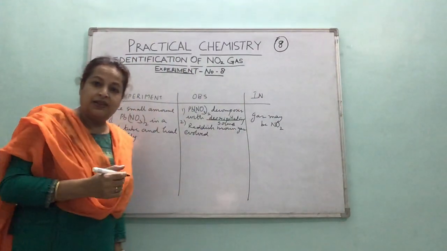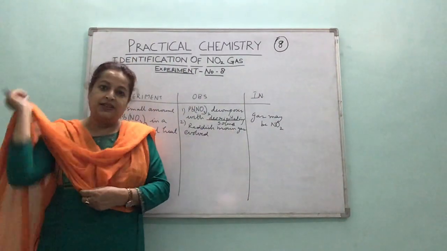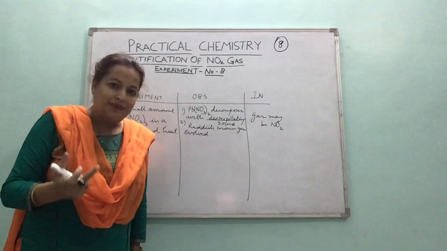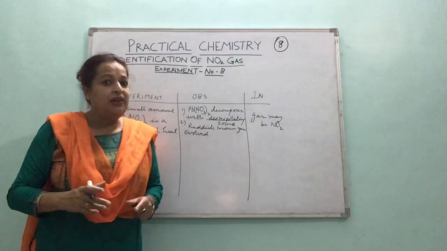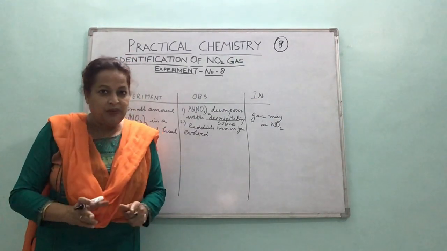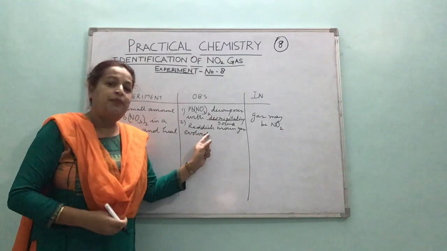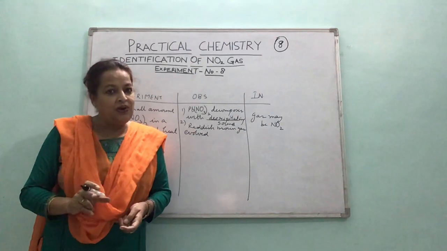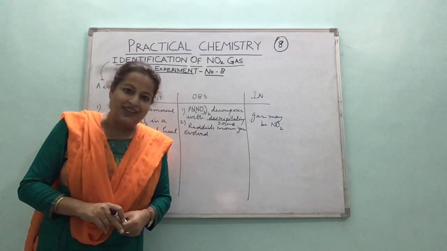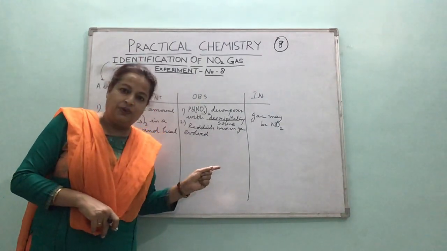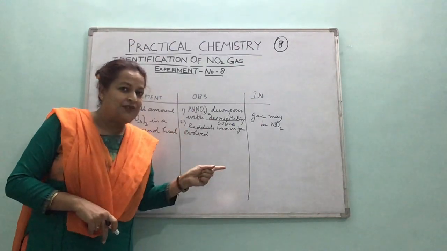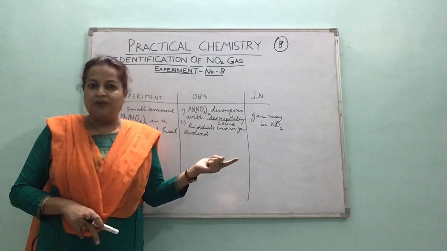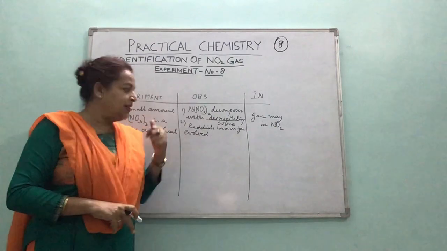Very few gases are reddish brown. So it is gas may be NO2. But till we have done the chemical confirmatory test, we will never write on the basis of color that it is NO2 gas. Color is not the confirmatory test unless it is only for NO2. Had it been the only gas with reddish brown color, then it is confirmatory, but otherwise not, right?